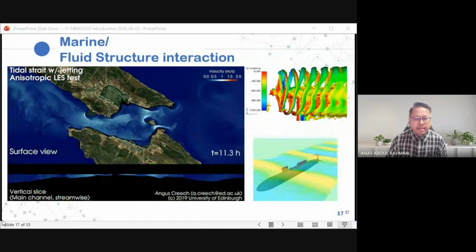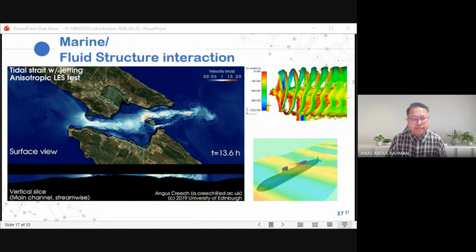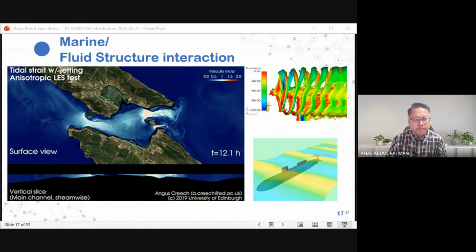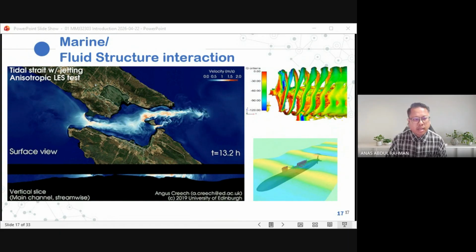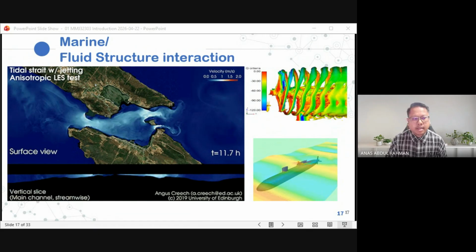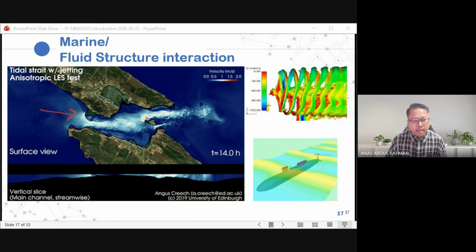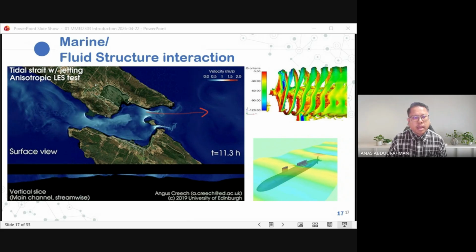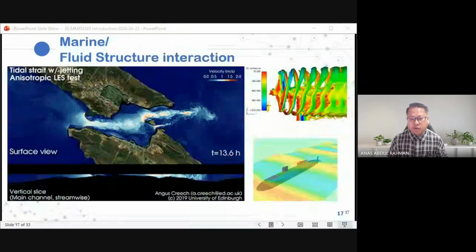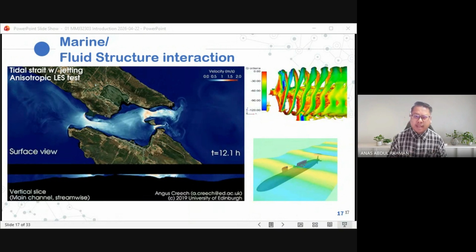Related to my field, this is an example of the use of CFD in marine or fluid-structure interaction. What you are seeing here is the simulation of a flow in between two land masses, like a strait or a channel, with the inlet and the outlet here, which is impossible to replicate in a lab because this involves a distance of hundreds of kilometers. So CFD can simplify that.